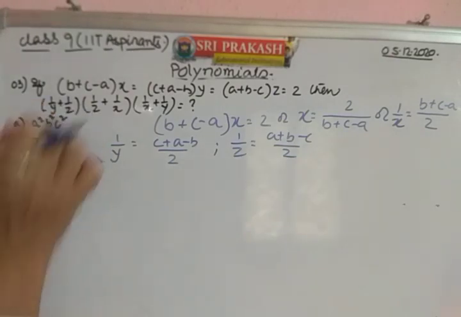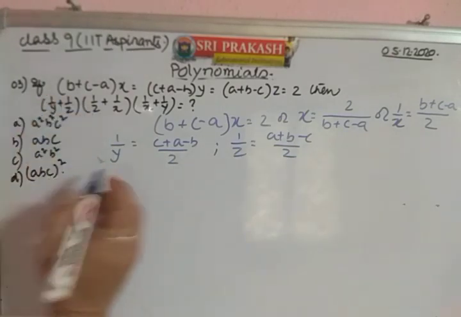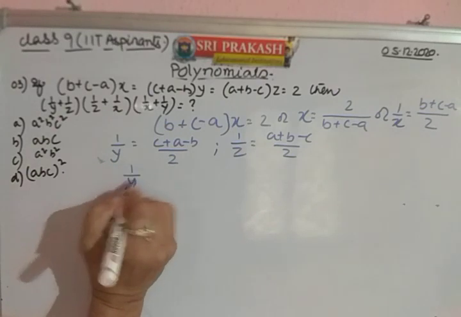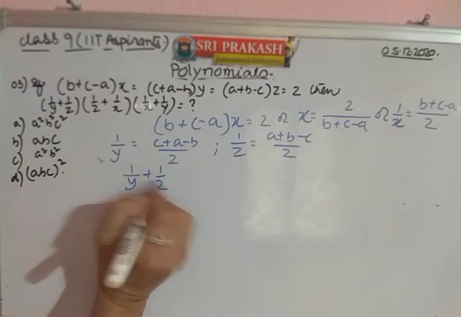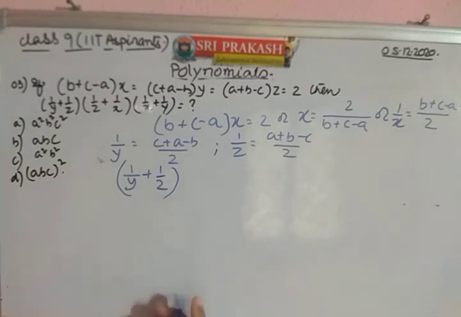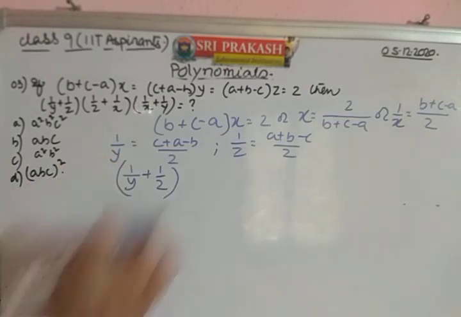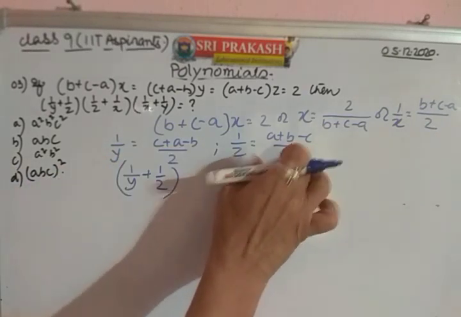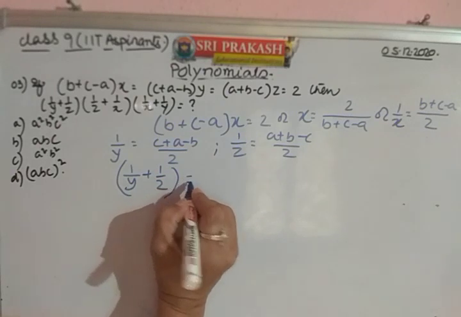So now let us find the value of 1 by y plus 1 by z. What is 1 by y? This one. What is 1 by z? This. Let us add these two.